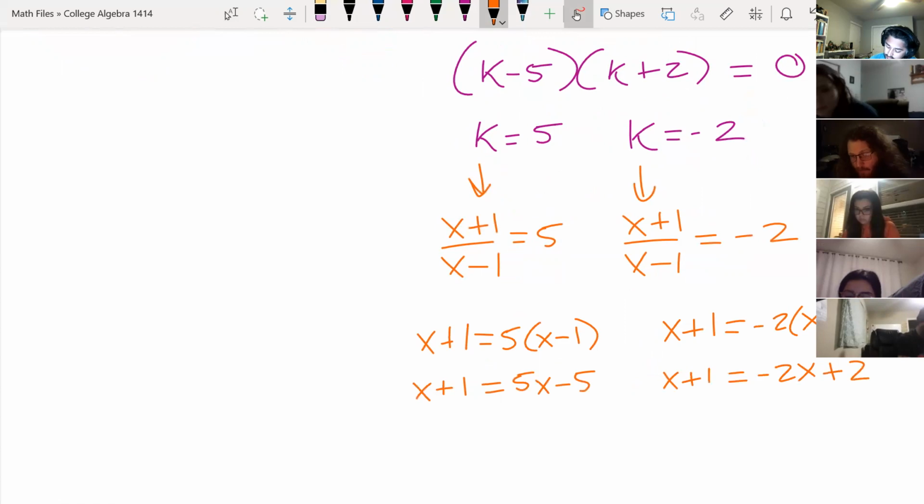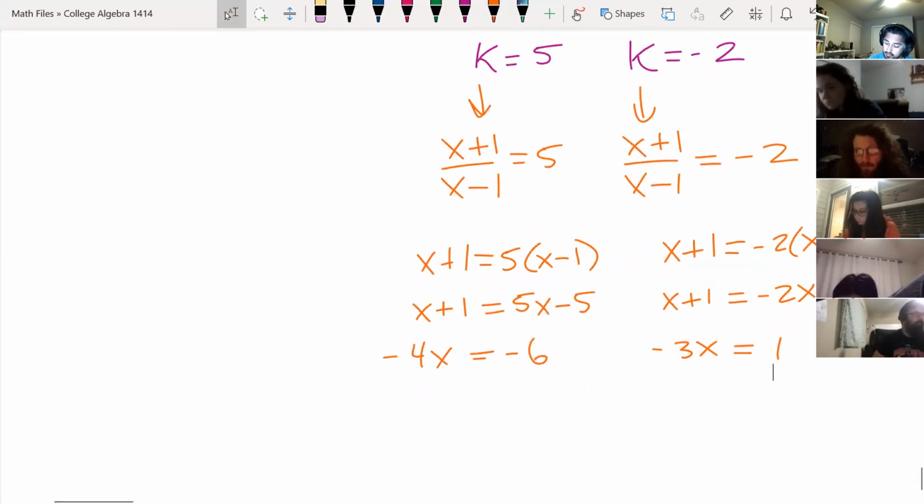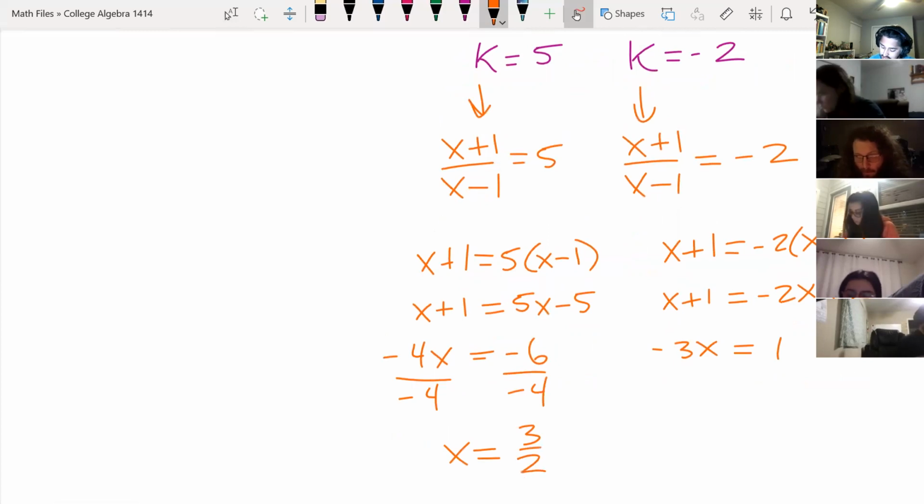Move my x over, -4x. Move my 1 over, -6. And then move that x over, -3x equals 1. Then we'll divide by -4, and x is going to be 3 halves.